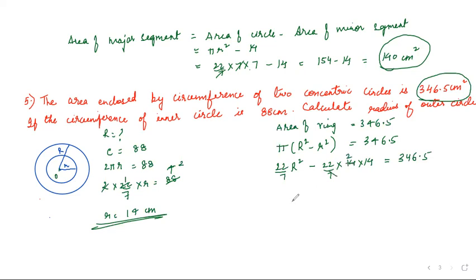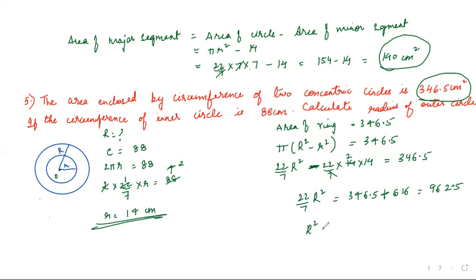So 22 by 7 capital R square minus 22 by 7 into 14 into 14 is equal to 346.5. Now 22 into 4 is 44, into 14 is 616. So minus 616, when I transpose, it becomes plus. When we add this, I get 962.5.